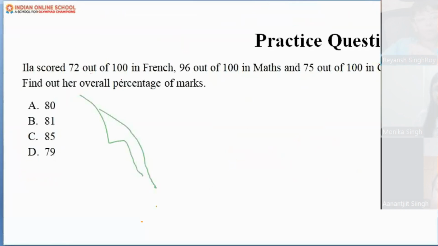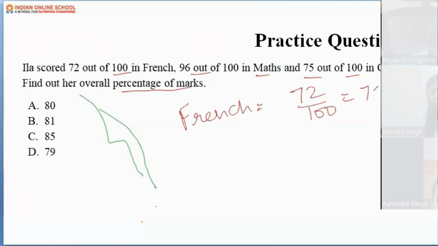Ela scored 72 out of 100 in French, 96 out of 100 in maths, and 75 out of 100 in German. Find out her overall percentage of marks. So percentage, we calculate out of 100. It means in French, she got 72 out of 100.